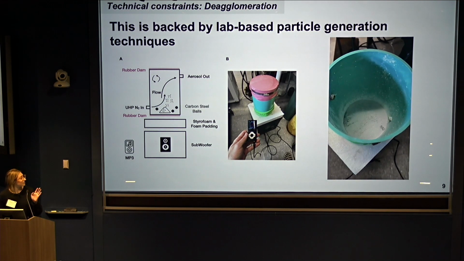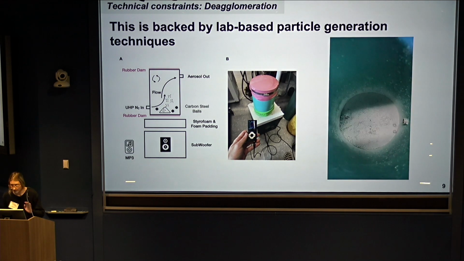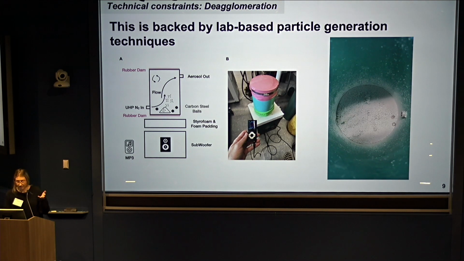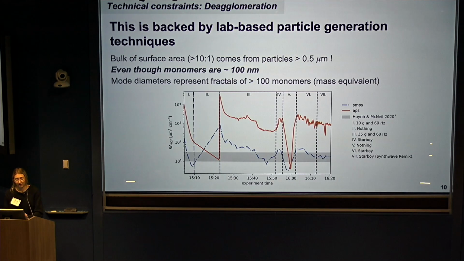You can see, even though on a macro level, when you look inside the generator, that these types of agglomerates are formed. These are quite large. And what we see when we look at particle size data from our APS and SMPS is that the bulk of the surface area that we're producing with this method comes from larger particles, or APS-sized particles, even though the monomers of the nanomaterial we're starting with should be around 100 nanometers.